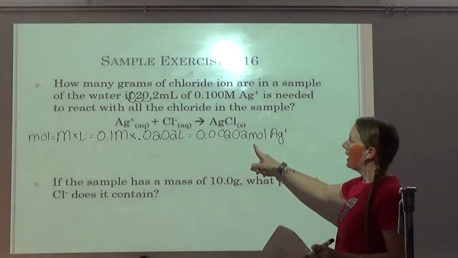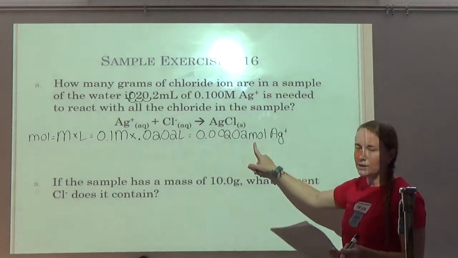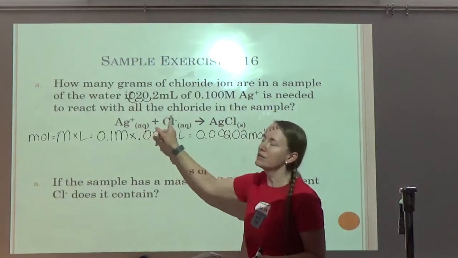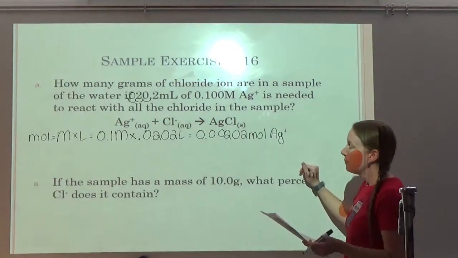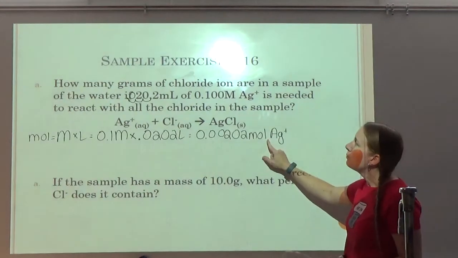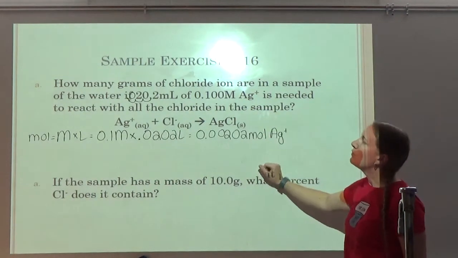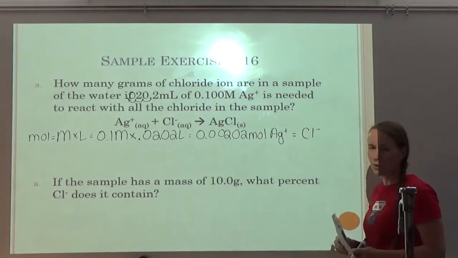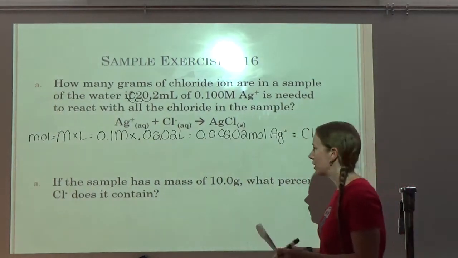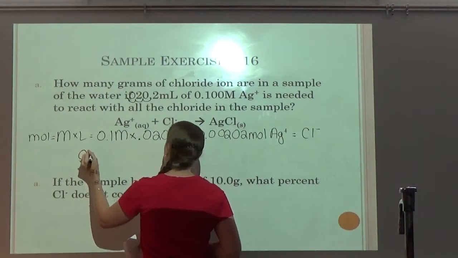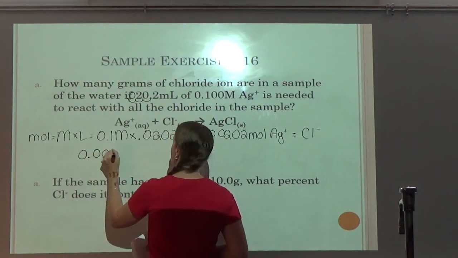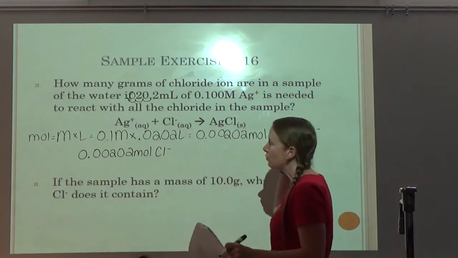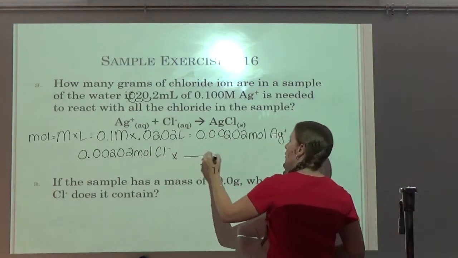I can clearly see, without doing the math, that this is a 1-to-1 ratio. For every silver, I need a chloride. But it doesn't ask me for moles of chloride, it asks me for grams. So this is also going to equal my chloride because it's just a 1-to-1 ratio. So I take my moles, which I've now changed to chloride, but I need to get to grams.